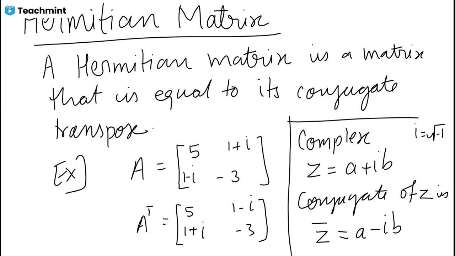And for real numbers, a Hermitian matrix would be its transpose itself. But for real numbers there's no conjugate, right, ma'am? Hermitian matrix is about only complex numbers, because for real numbers we have symmetric and skew symmetric, and for complex we have Hermitian and skew Hermitian.